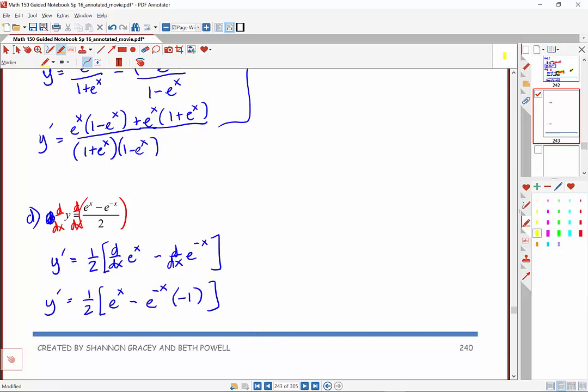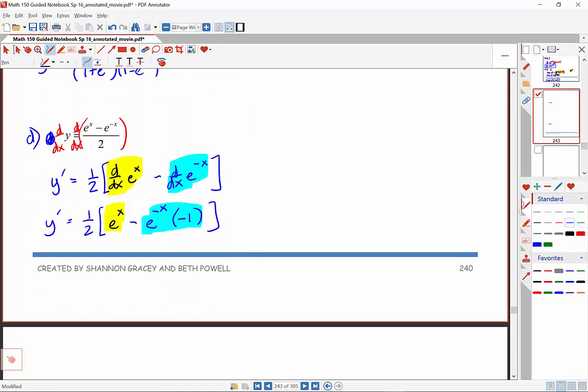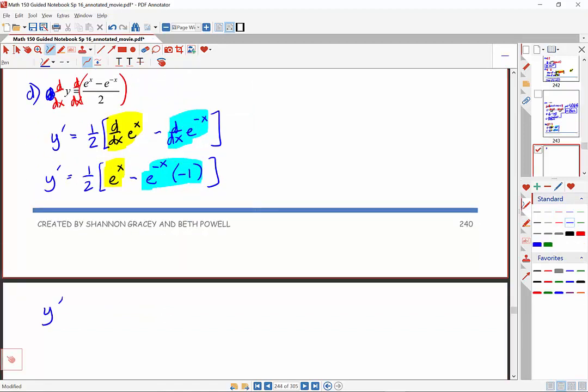Those correspond, and this here is equivalent to this. So cleaning it up, what will we have? We'll have y prime is equal to 1/2 times e to the x plus e to the negative x.